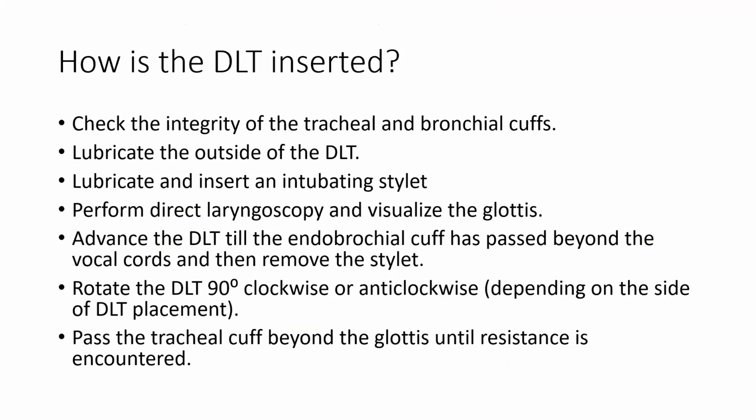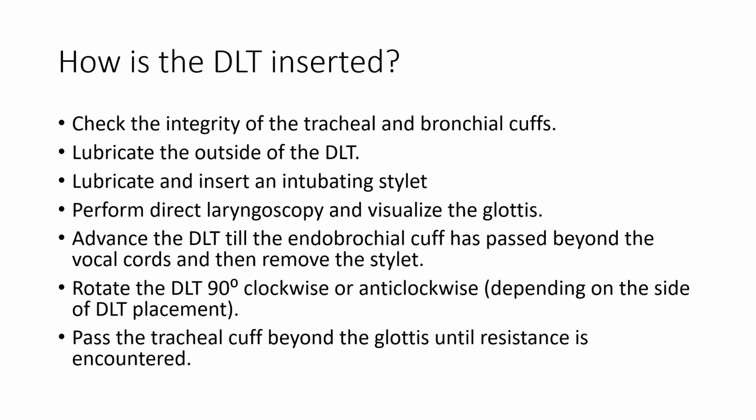How is a double lumen tube inserted? So first of all, we have to check the integrity of the tracheal as well as the bronchial cuff. We have to lubricate the double lumen tube first. So after induction of general anesthesia, when the patient is deep enough, we perform direct laryngoscopy and visualize the glottis.